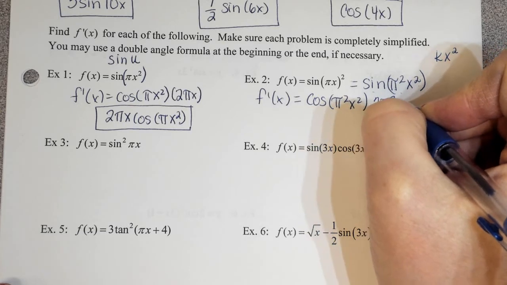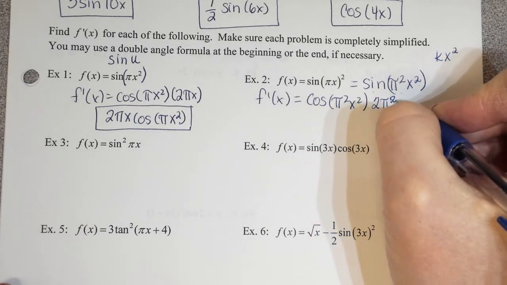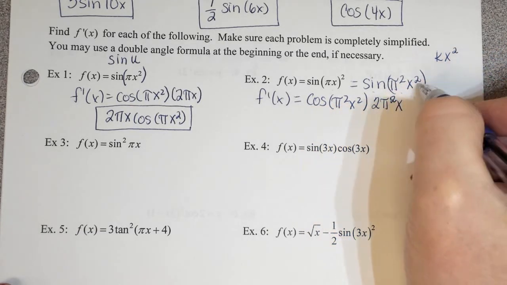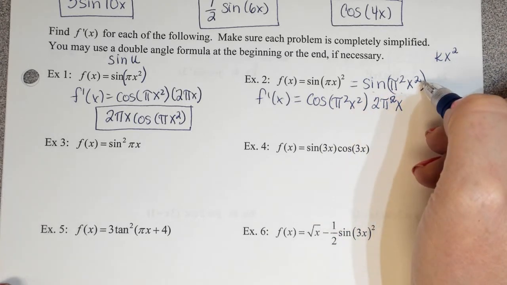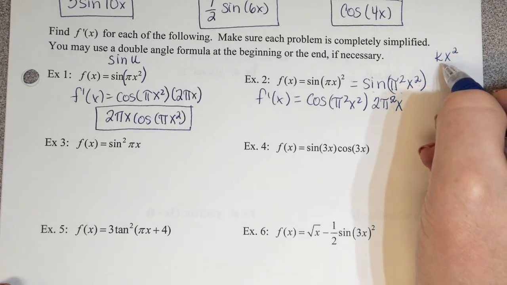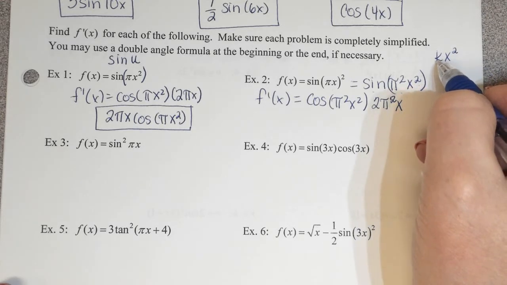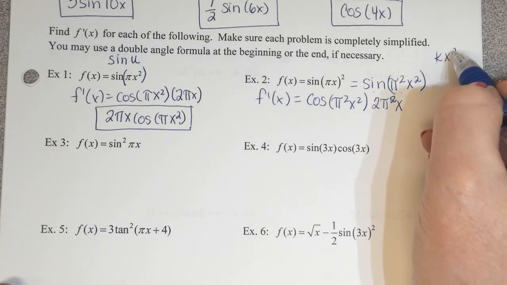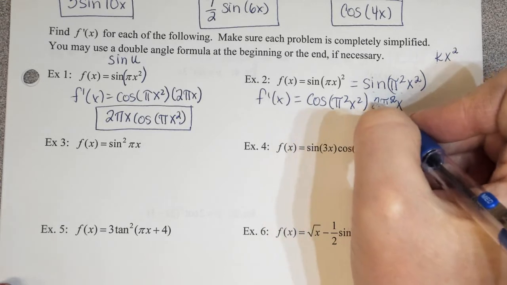2 pi squared, and then I would have x, and then what power is it going to be to? Just the first, because I have to subtract 1. This is our simple power rule. If I'm given kx squared, the derivative is k times n, x to the n minus 1.